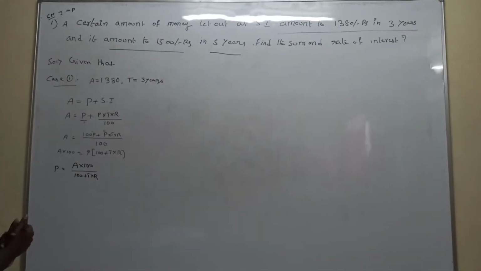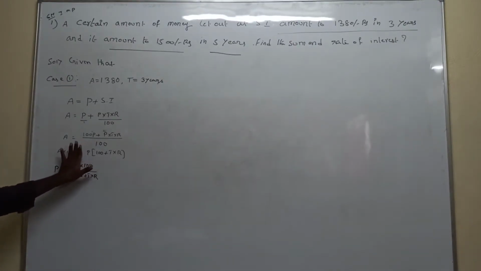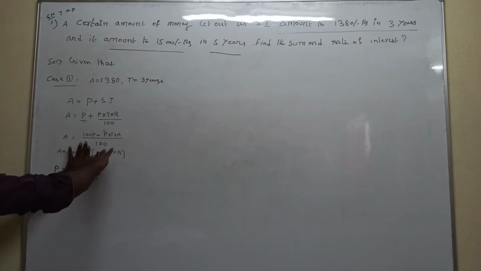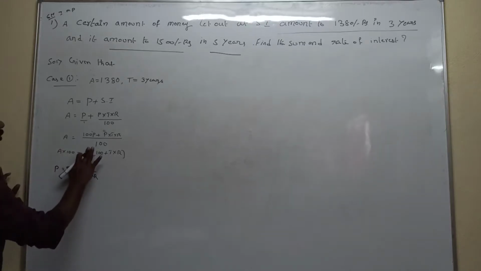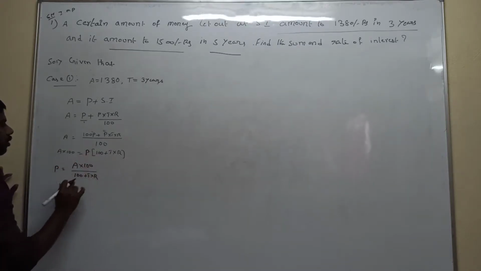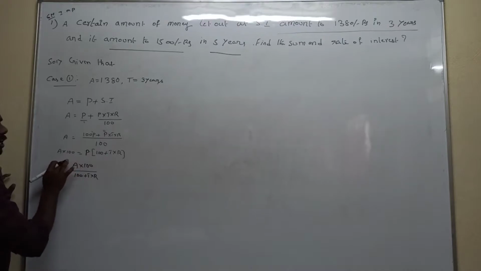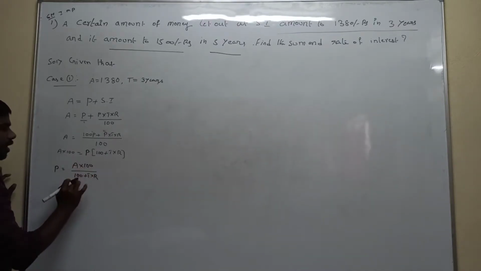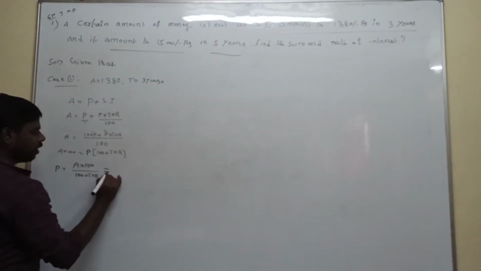So everyone understood this point? We take only P on one side, and the other value goes to the left hand side denominator, which means capital P is equal to A into 100 divided by 100 plus TR. Now we substitute the values.